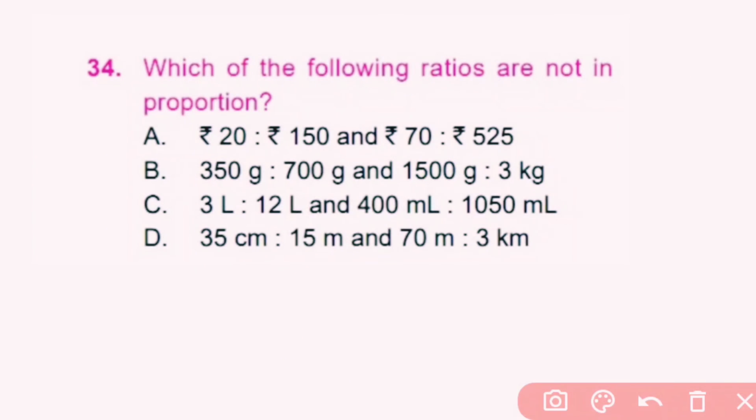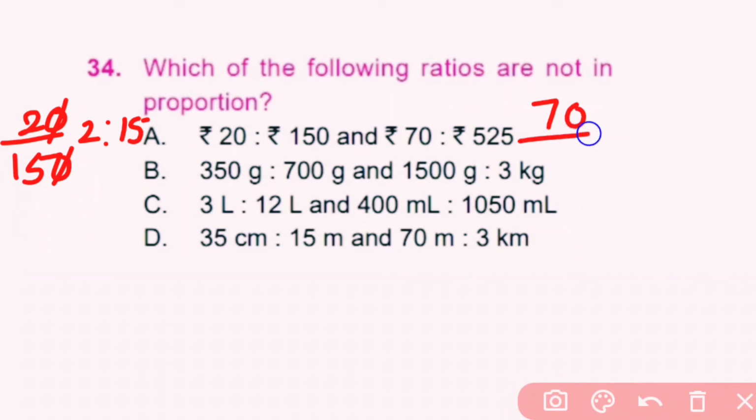Question number 34. Which of the following ratios are not in proportion? So we check the first option A, 20 by 150. This 0 gets cancelled, which means 2:15, and here 70 by 525. 5 ones are 5, 5 fours are 20, 5 ones are 5, then 0, 5 fives are 25.